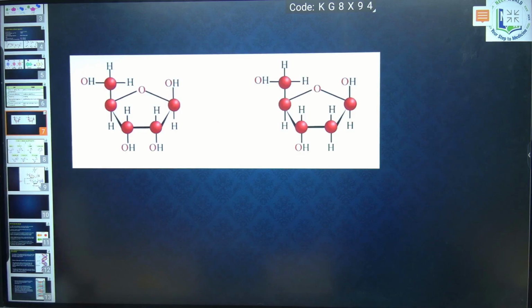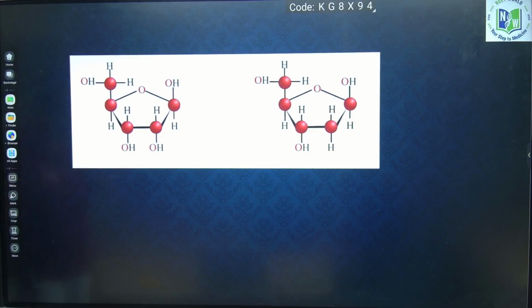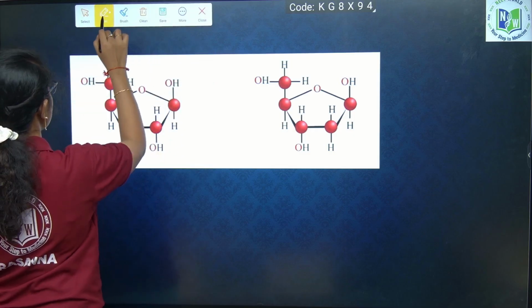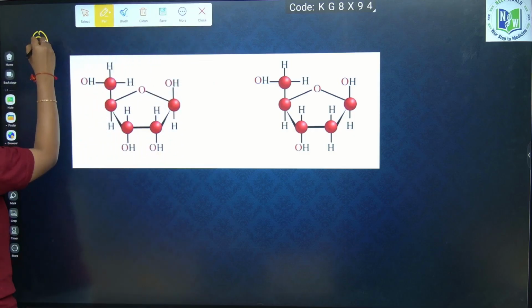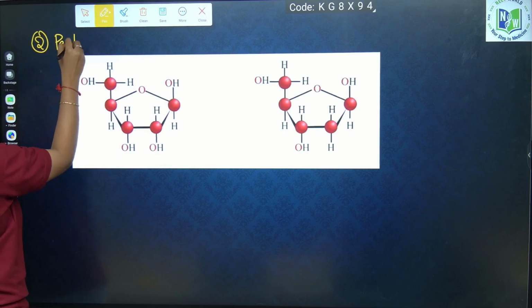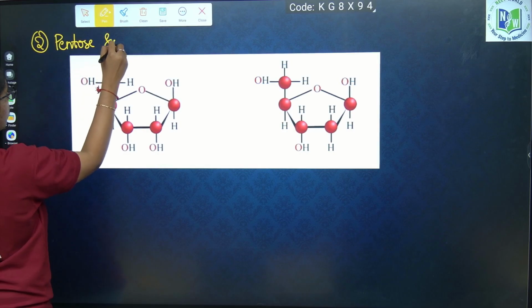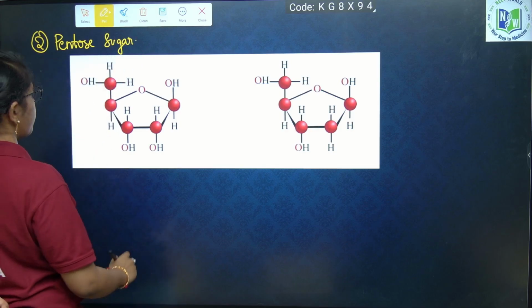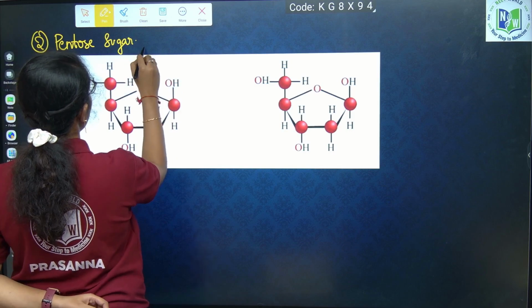types of sugars both in DNA and RNA. What types of sugar will we see? We have two types of pentose sugar. Pentose sugar means 5 carbon, right? As such, we have two types of sugars.